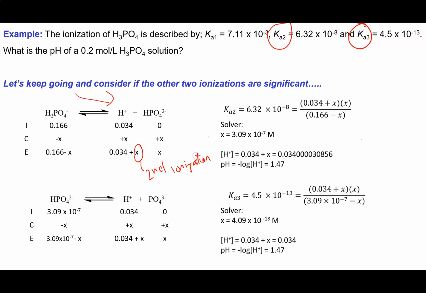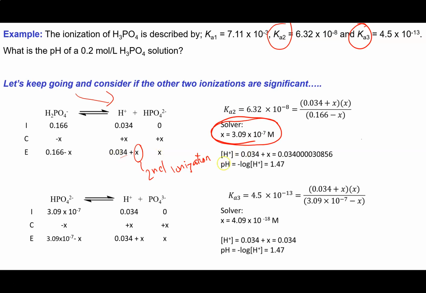I'm not going to do the quadratic formula; I'm going to get smart and use the solver. I've just got to keep my Ka straight. My second Ka is 6.32 times 10 to the minus 8, and that's equal to my product concentrations divided by my reactant concentrations. I use the solver, and you can see it's a really small amount.